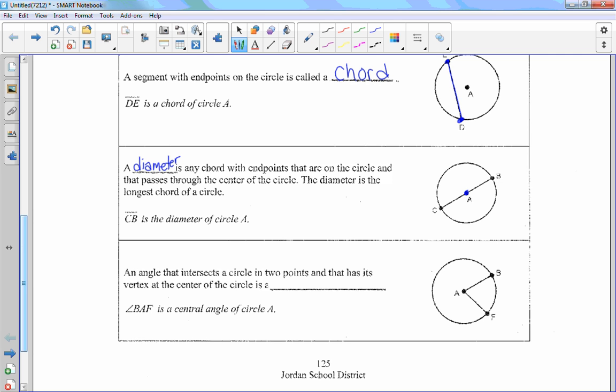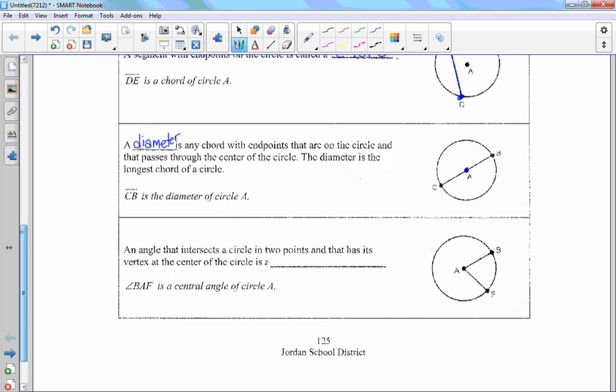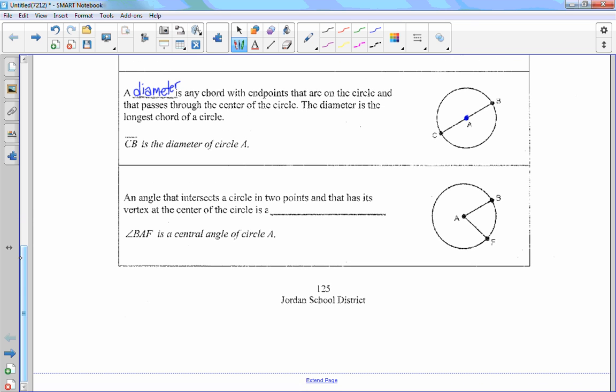Okay, so that's probably all the information you've learned at least once in your life. Hopefully now you remember what a chord is, and the other ones you should already know. New one: an angle inside of our circle, but the vertex is at the center of the circle. This is called a central angle.